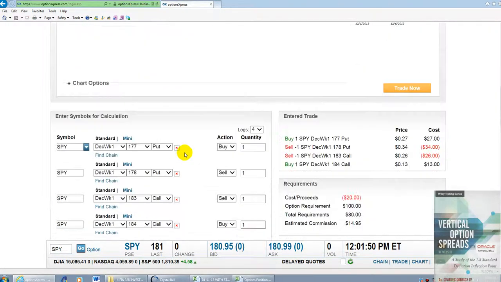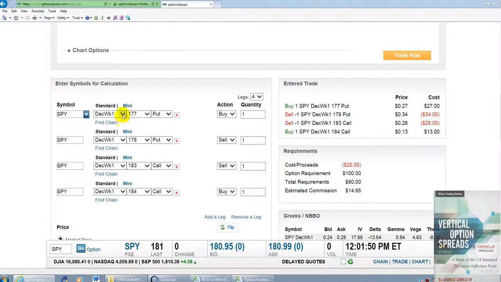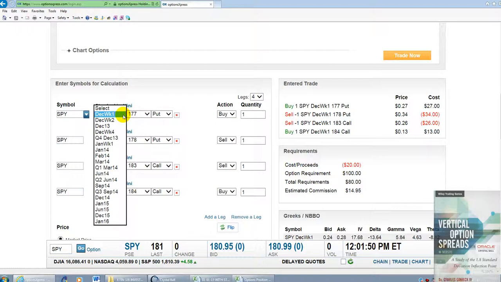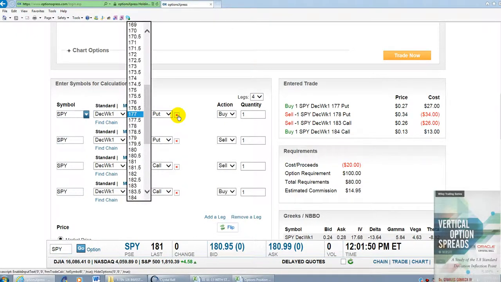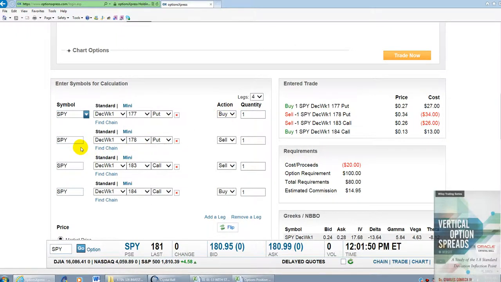And I've set up a trade. Let's take a look at it. The expiration I've set up is the first week in December, which will be December 6th. And I've said, I want to use a 177 strike put, and I want to buy one. Then I went and set up a SPY, same expiration, week 1, 178 put, and told it I want to sell one.